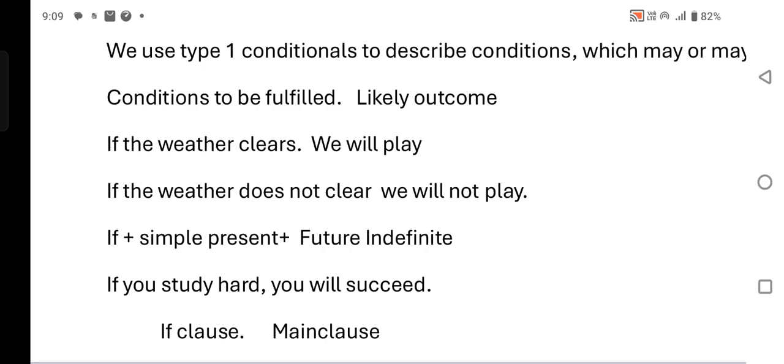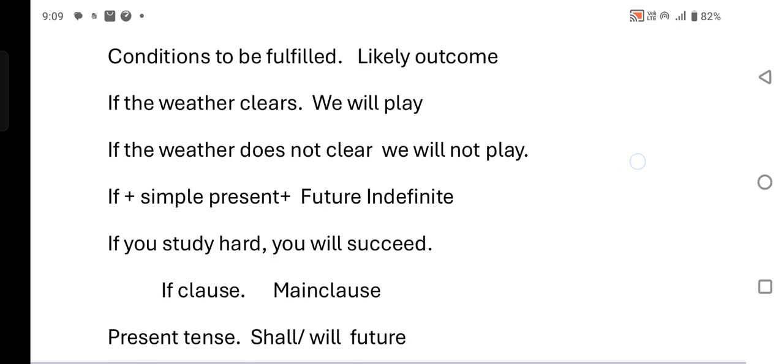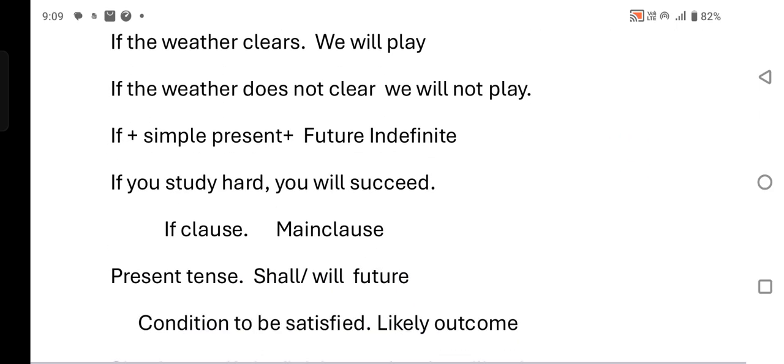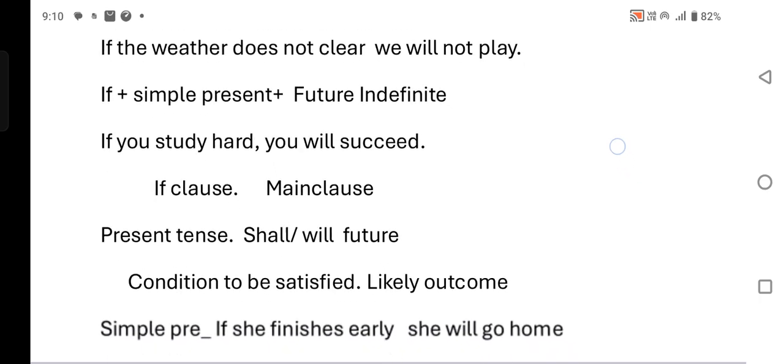Means otherwise you don't succeed. Present clause and main clause. In the present tense clause, there must be shall or will future in the main clause.